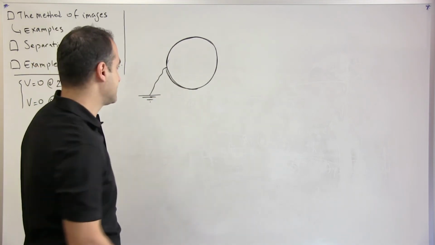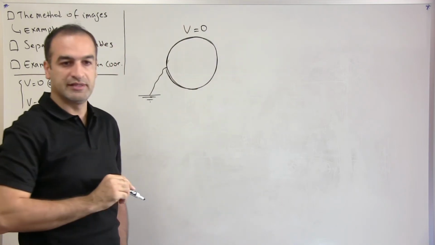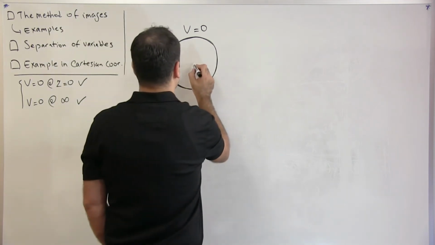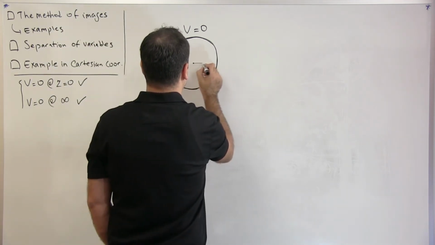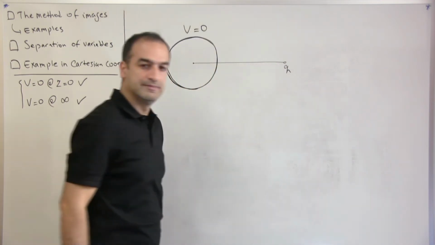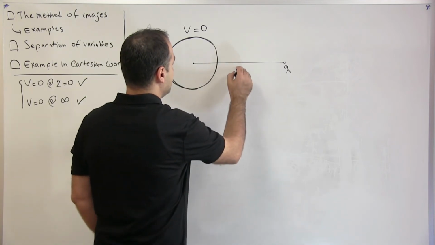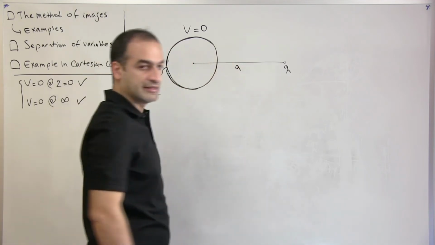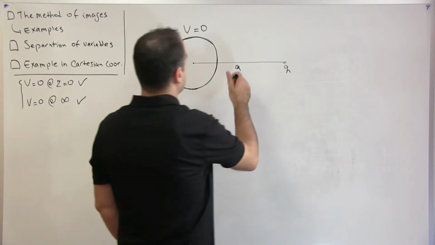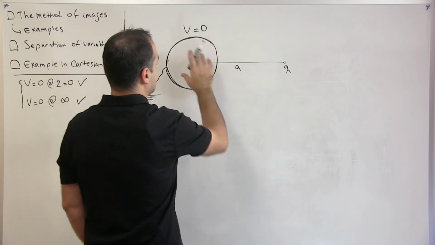So on the surface of the conductor, we have electric potential V equal to 0 all the time. And then we put one charge Q at the distance a from the center of the conductor. And the question is, what is the electric field and electric potential in the whole space outside the conductor?